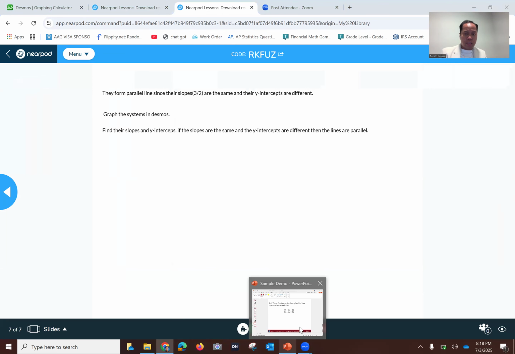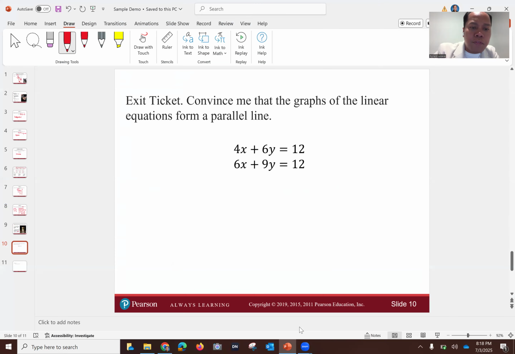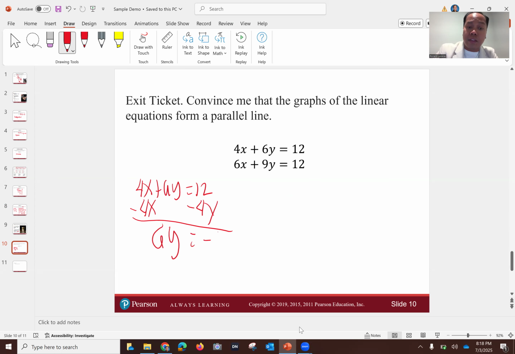We can actually check this. So if you have this one, 4x plus 6y is equal to 12, we find the slope by converting it into slope-intercept form. So subtracting 4x, that will give you 6y is equal to negative 4x plus 12.